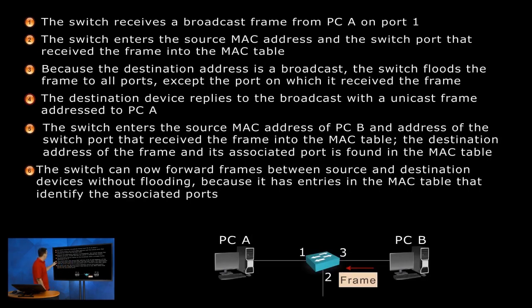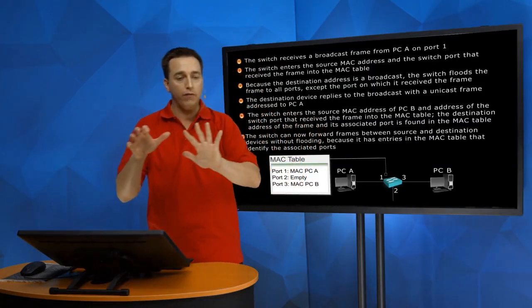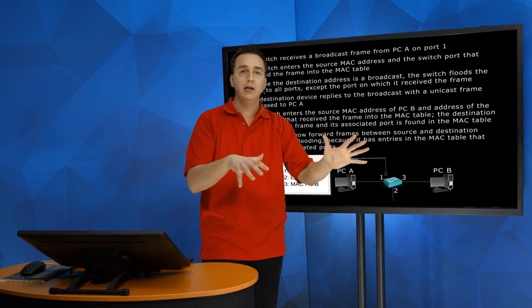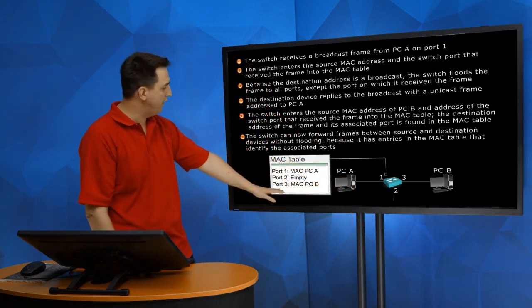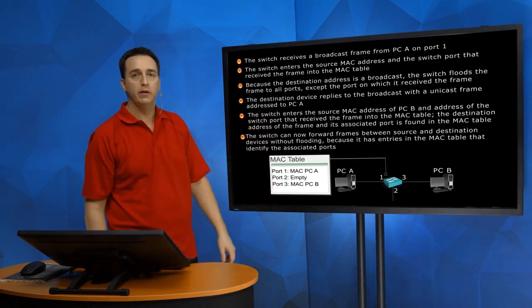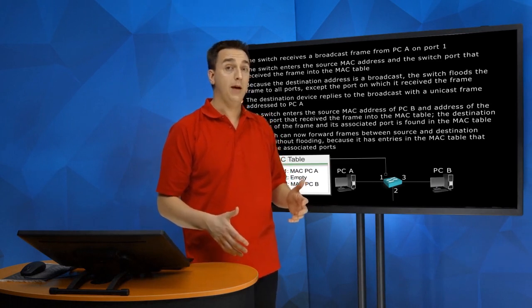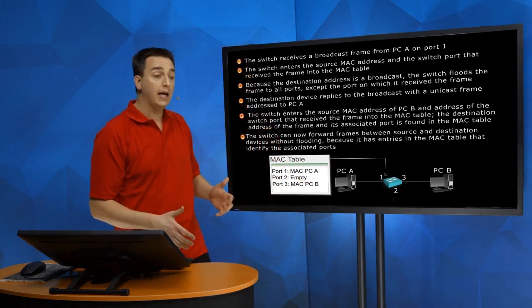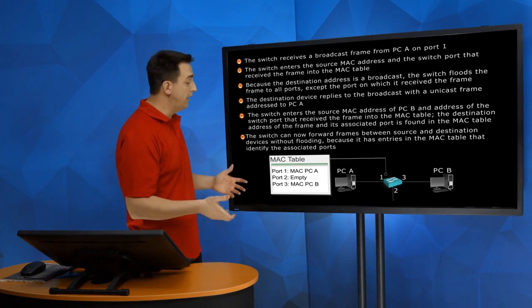So what's going to happen now when the switch receives this frame? The switch says, okay, so I just received a frame on port 3 from PCB. I'm going to educate myself and populate my MAC address table. Perfect. Great. It's following the rules exactly as it should. Then it looks at the destination MAC address and says, okay, it says PCA is the destination in this frame. Where does PCA live?